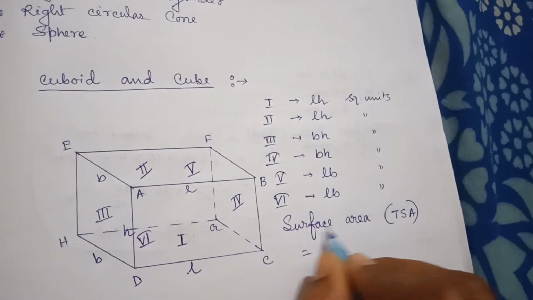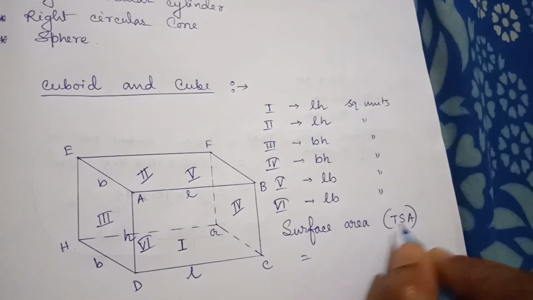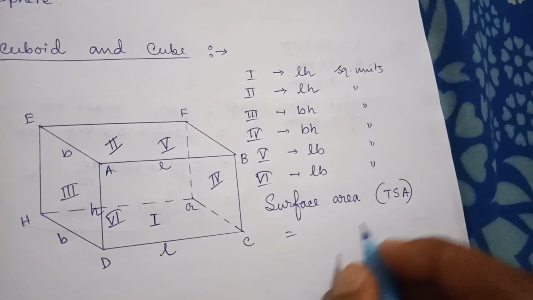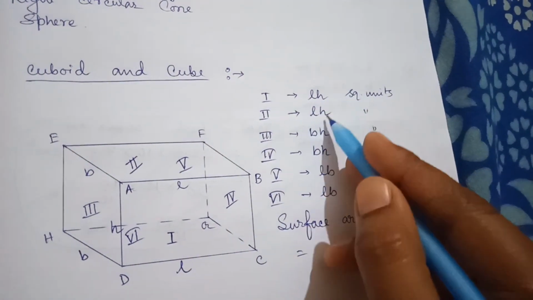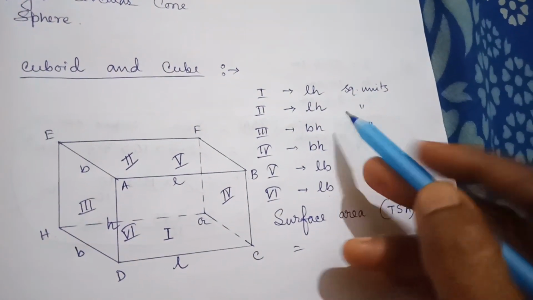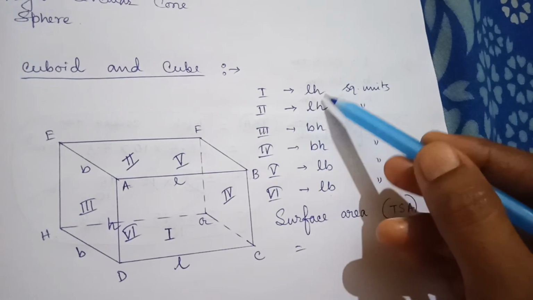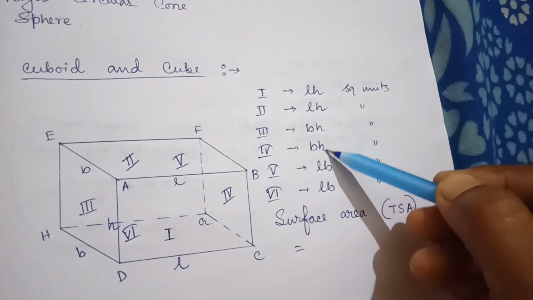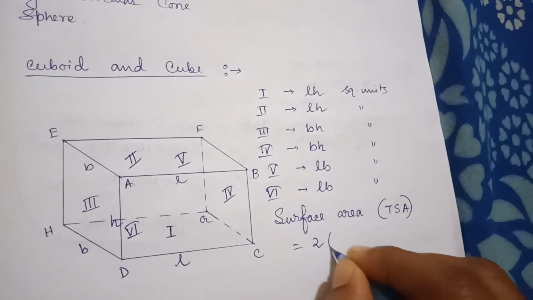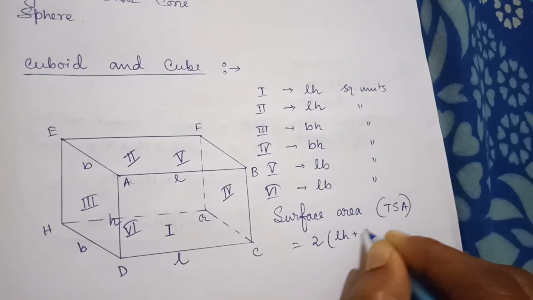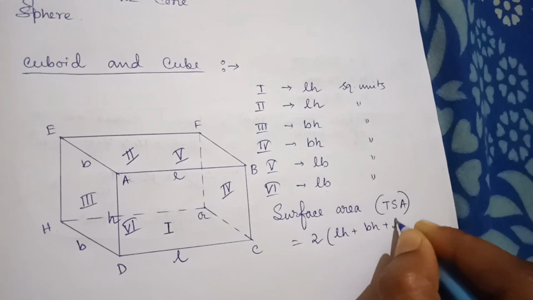If only surface area is written, that means you have to take total surface area. So this is equal to adding all of these. These two are 2 in number, these two are 2 in number, these two are 2 in number. That means we can write 2 times LH plus BH plus LB.